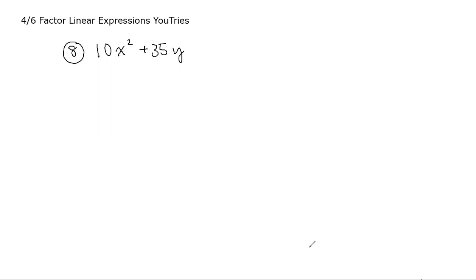Okay, so same thing as before. We're going to find the greatest common factor between what we can find in common, 10 and 35. I already know. 10 is 2 times 5. 35 is 5 times 7. And I see they've both got 5.